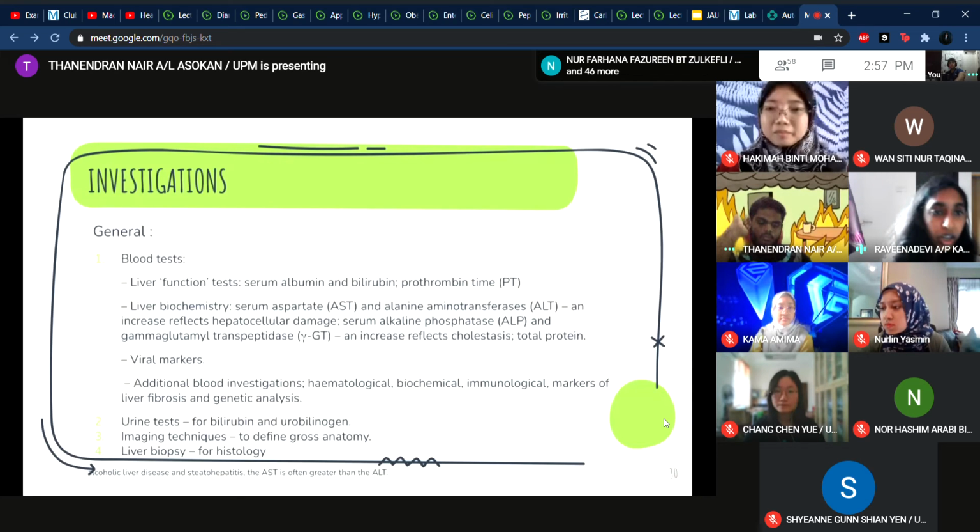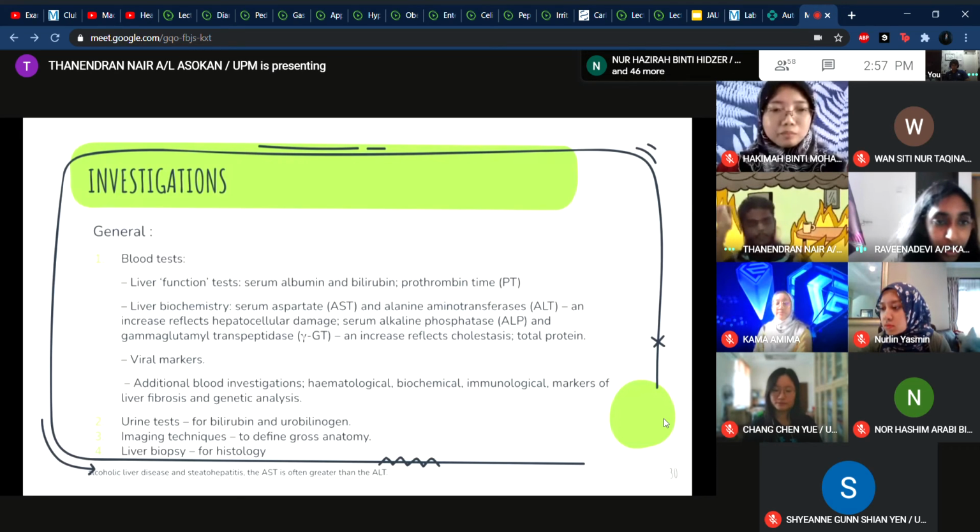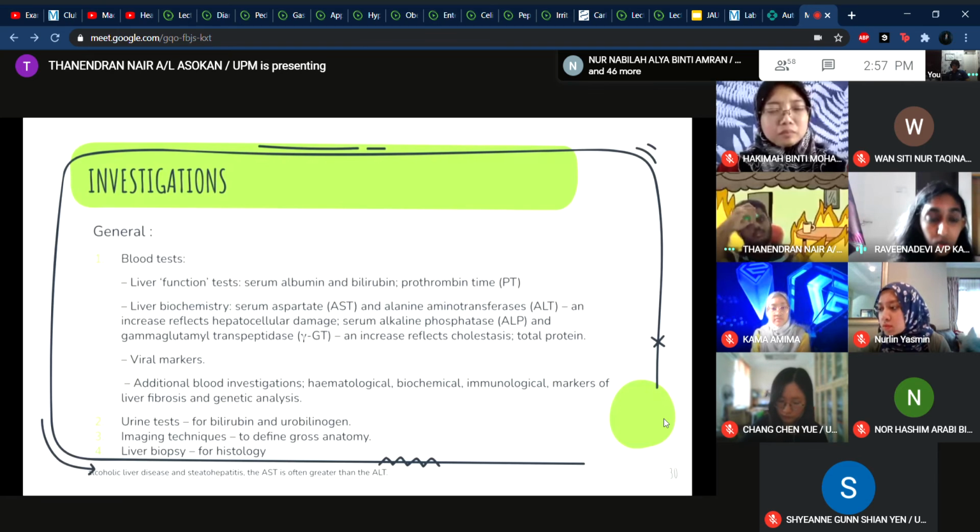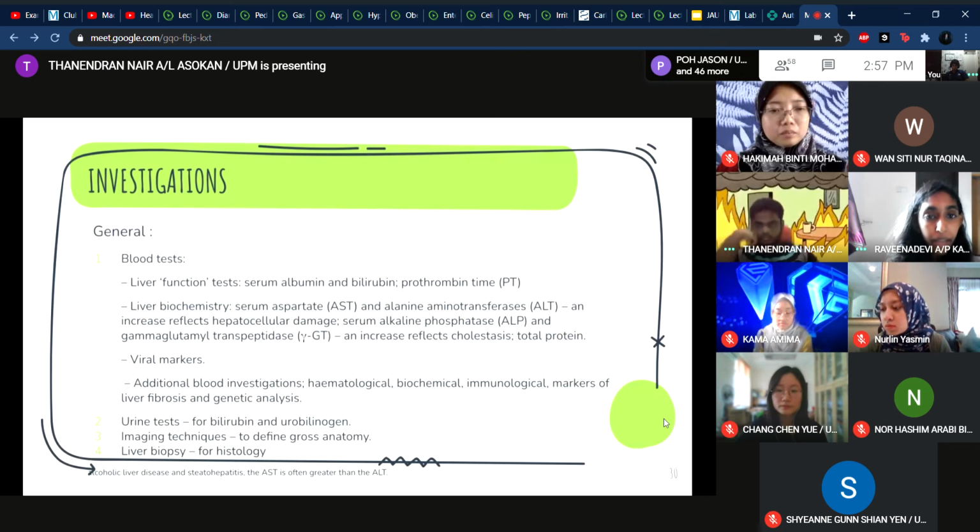Okay, so I'll be continuing with the investigations for hepatic jaundice. Generally, there are four main types of investigations that you could do for any type of jaundice. The first test that you should do is a blood test. In the blood test, look for LFT, liver function test. You can look for serum albumin and serum bilirubin as well as prothrombin time.